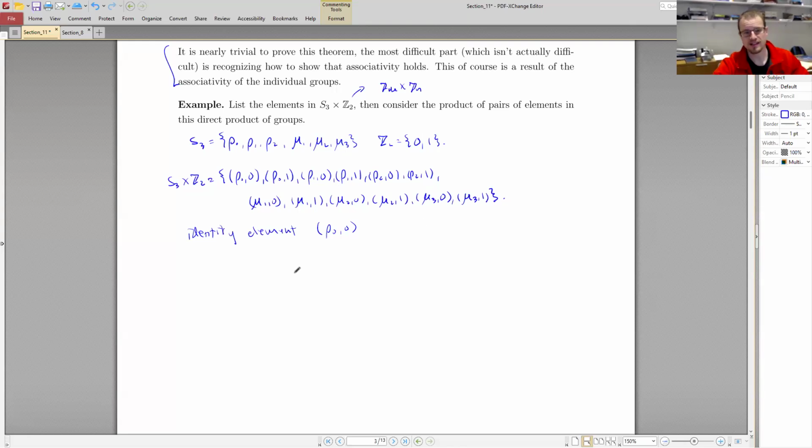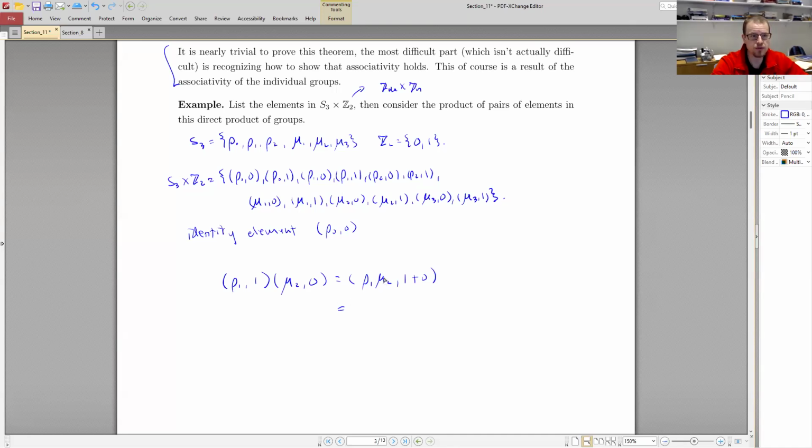Notationally, we could find the product of rho 1, 1, and mu2, 0, for example. Well, according to our definition, that's just rho 1 mu2, comma 1 plus 0, right? We combine using the appropriate operation of the group.